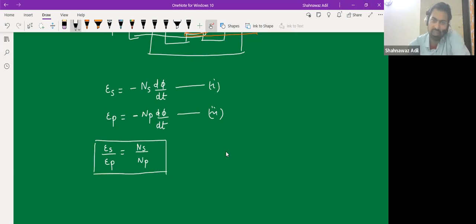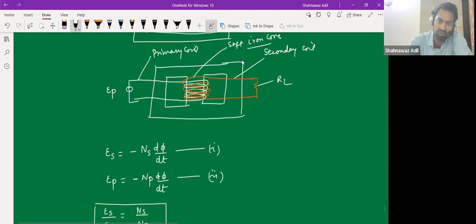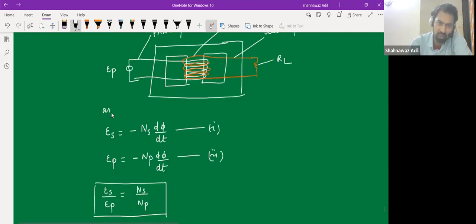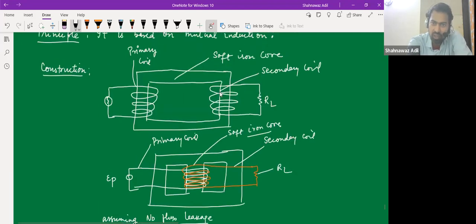Okay. And let's say we are assuming that there is no flux leakage, right? What do we mean by flux leakage? That there is no current going beyond this area, so all the flux is inside this one. That is why we are calling this no flux leakage, right?